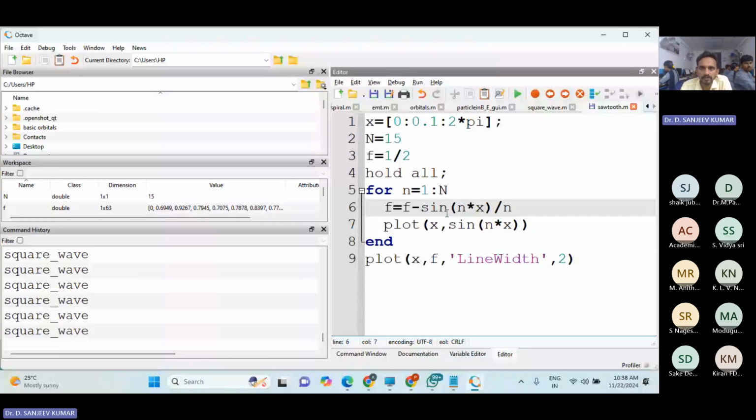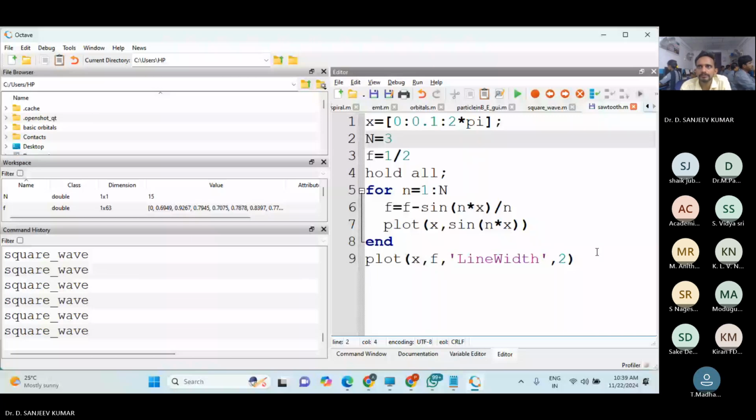So my initial value of f is 1 by 2, and in the loop I am subtracting every term. f is equal to f minus sin nx by n. So I'm starting with 3 waves for better visibility.